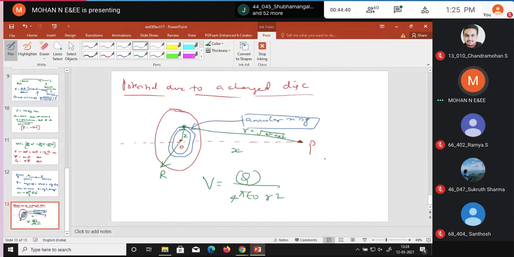Now I want to find Q. Q in terms of the surface charge density, I can write as rho s by A. The area of the ring is 2 pi r, and the thickness of the ring I am taking as dz.